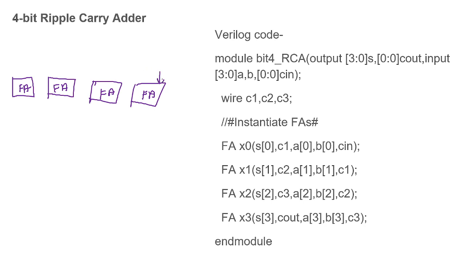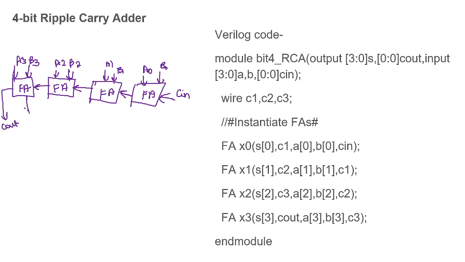Here we add A0, B0, and A1, B1, B2, A2, B3, A3. This will be the input carry C in, and we will propagate this carry out to the next stages, and the final carry we obtain as C out.